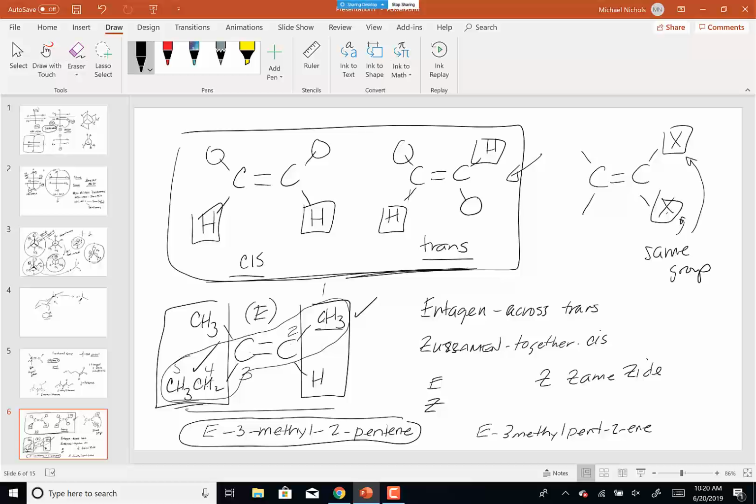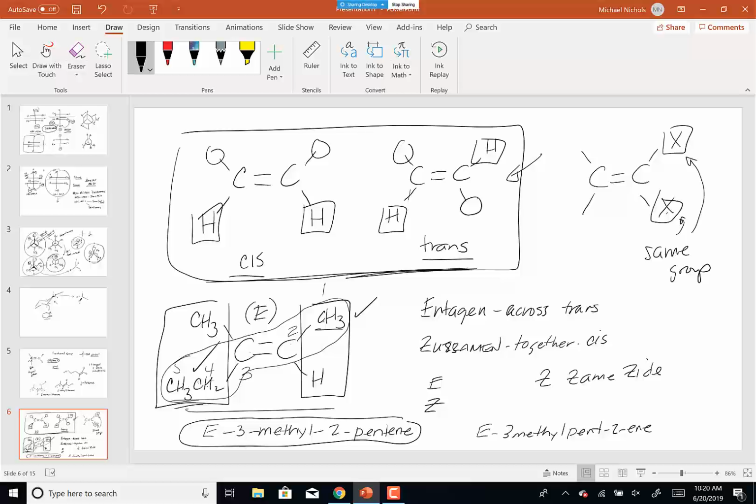So that's what we kind of skipped over with the double bonds: first of all, the naming. And the naming is back in chapter 2, because in this book they name everything in chapter 2. We're going to break that up.